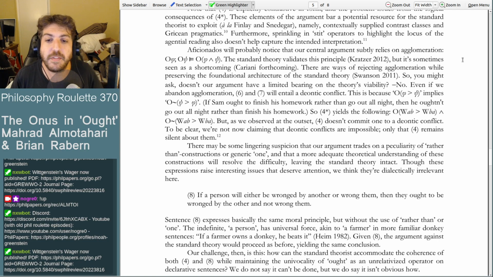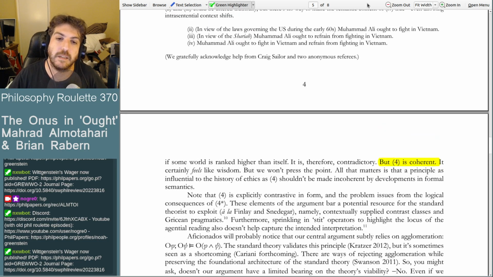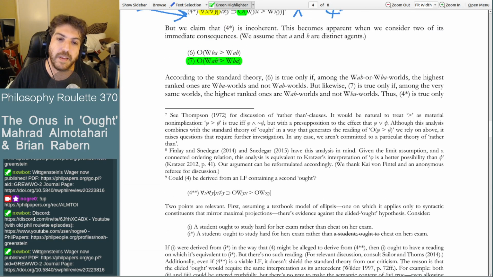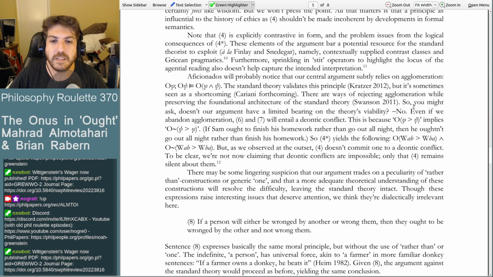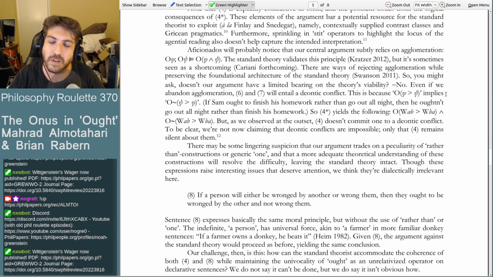The standard theory validates this principle, because that's combining these two things to make your problem there. The standard theory validates this principle, but it's sometimes seen as a shortcoming. There are ways of rejecting agglomeration while preserving the foundational architecture of the standard theory. Yeah, you can do anything you damn well please with logic, if you want to change those sort of theories. That's not the problem in this paper.